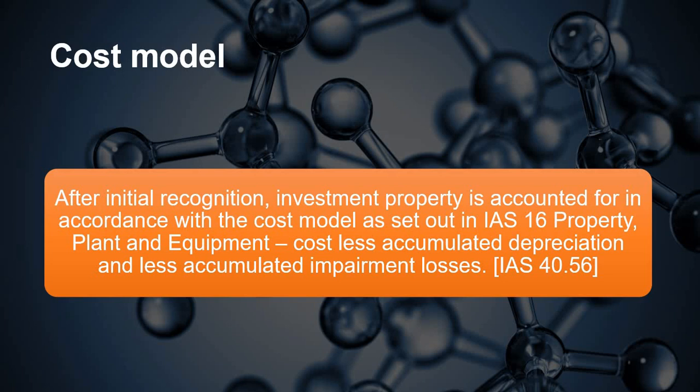At subsequent to initial measurement, for example year-end, kung ano yung cost na na-determine mo upon the purchase or acquisition of the investment property, yun pa din yung cost niya at year-end minus accumulated depreciation and accumulated impairment loss. Okay? So that's cost model.